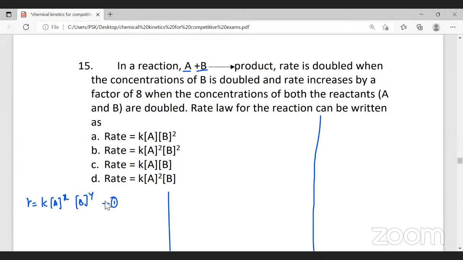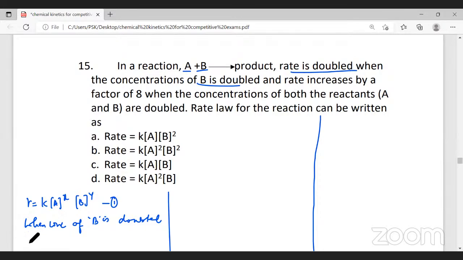When the concentration of B is doubled, the rate of the reaction is also doubled. Rate is doubled when the concentration of B is doubled.